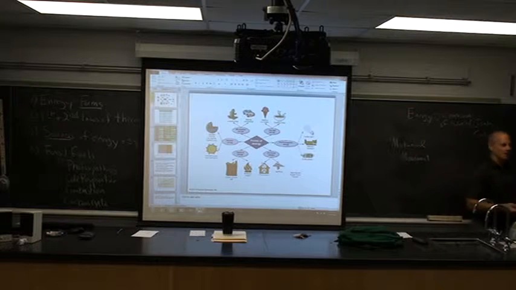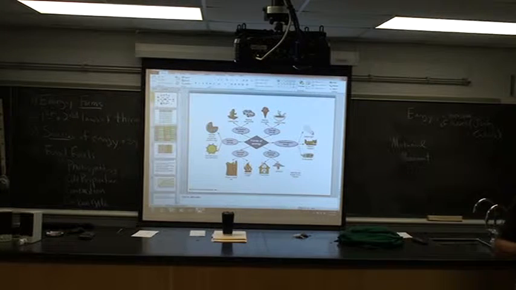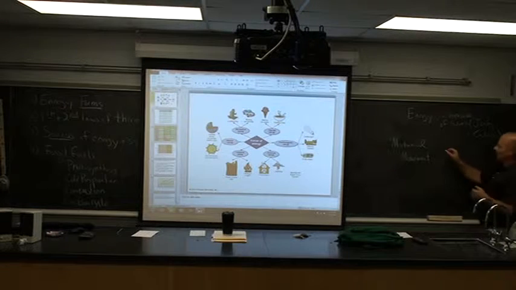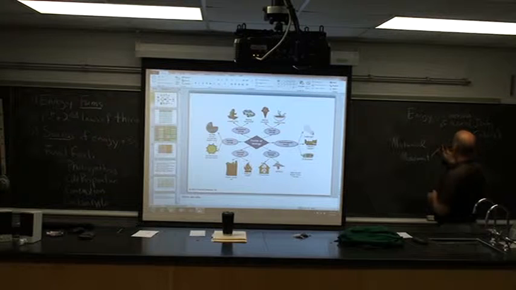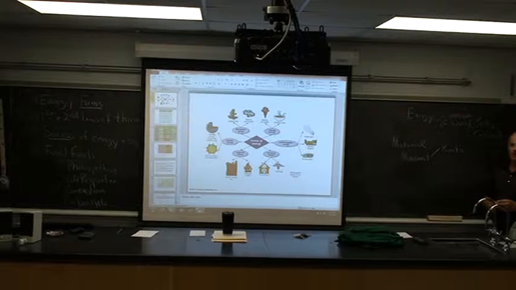Now that movement can either be, I'm going to artificially subdivide it into movement that we can see and movement that we can't see. Okay, so movement that we can see, we can call it mechanical, or we can call it kinetic. Okay, so kinetic is your car driving down the road, or a boulder rolling down a mountain. Since we can see it, you can think of it as sort of macro kinetic.